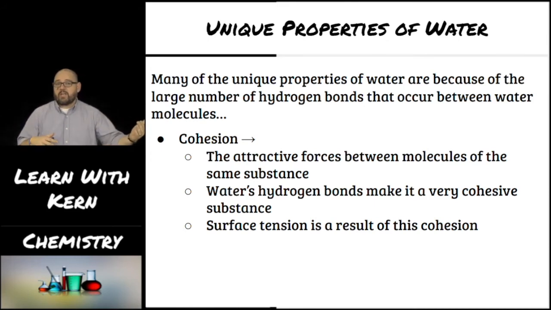This is what allows insects to walk across water without breaking the surface tension. You can float a needle in water, and you can do that because even though the needle is more dense than water, its weight can't break through the surface tension or the cohesion of the molecules of water. So cohesion is a rather important property of water as well.